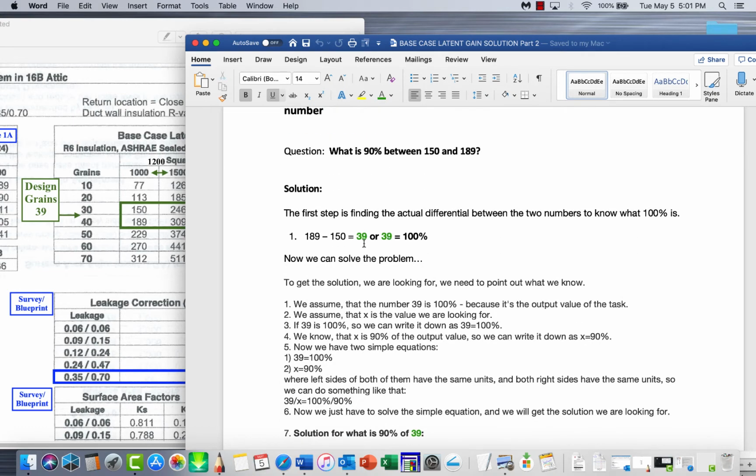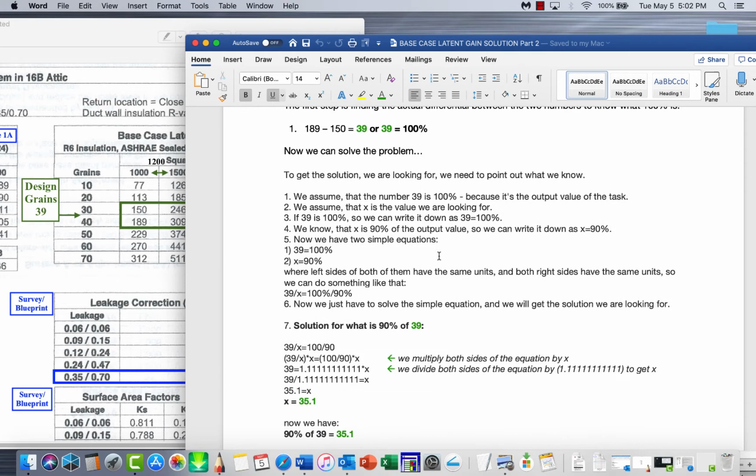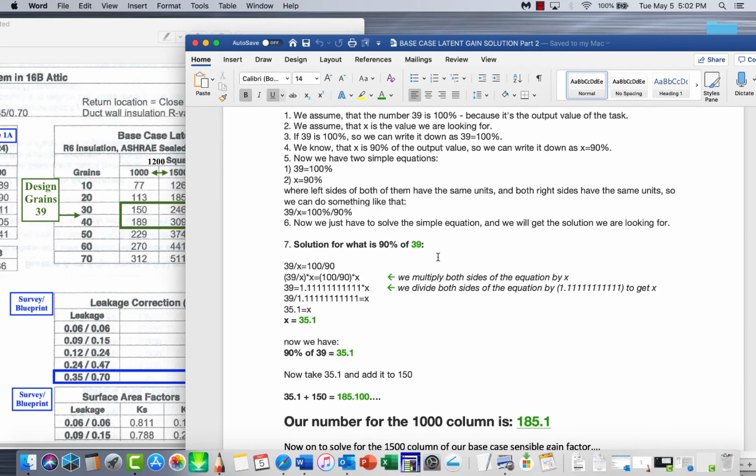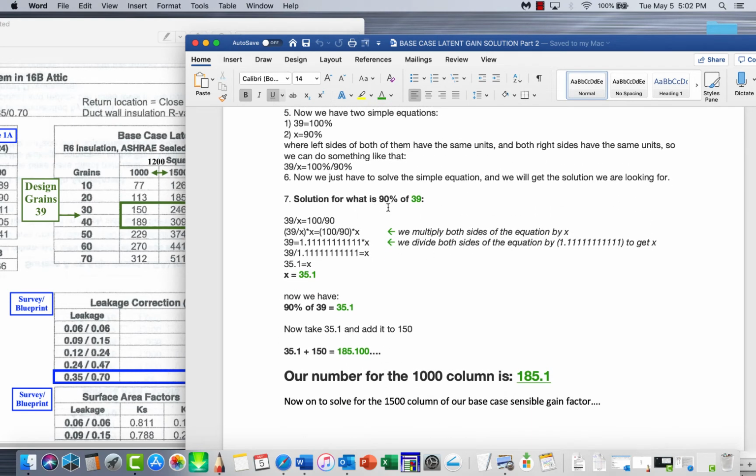Like I said, basically you just subtract 150 from 89, you get 39. 39% equals 100. And we're going to set up our same kind of solution for this: what is 90% of 39. 39 over X equals 100 over 90. Then basically solve the equation.